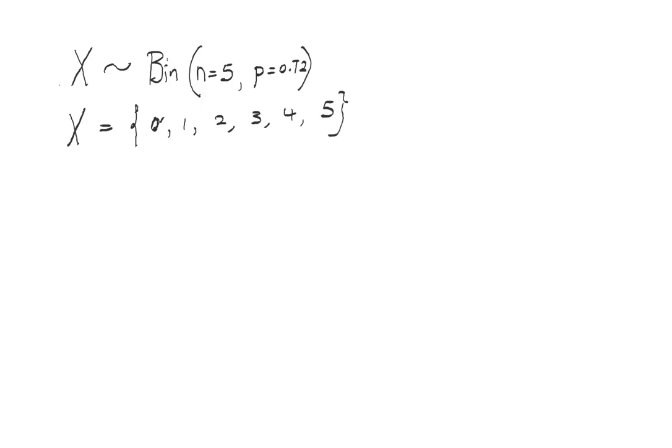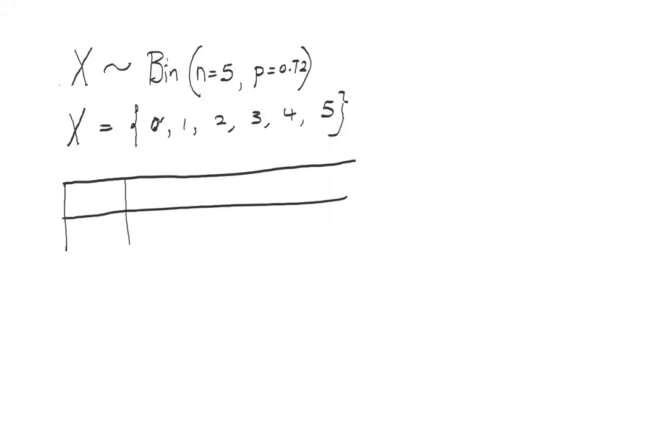Okay? And usually when you talk about discrete random variable distribution, we will ask you to build the probability distribution table. Am I right? So which means that you have to build the probability distribution table. This is your X, the possible values of X.